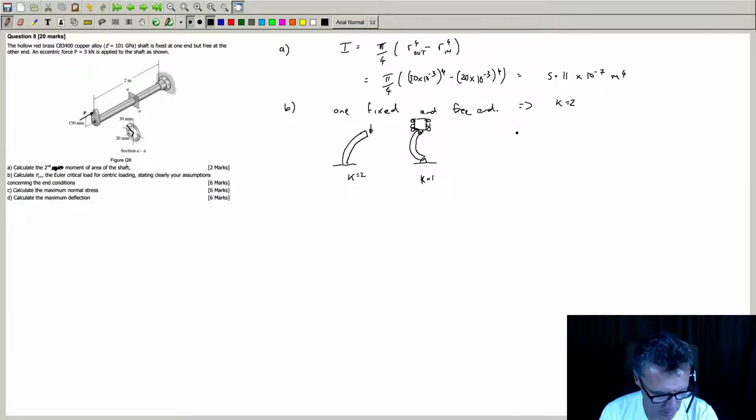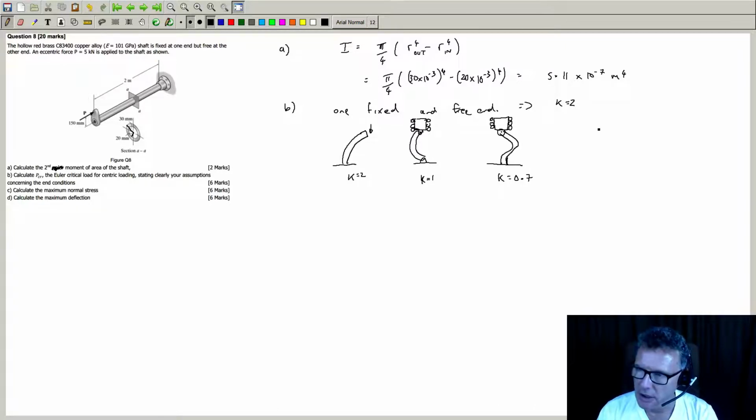Next one down, you've got one fixed end. You're trying to hold it there. Another roller section constricted, and it's going to have a pin joint here. Like that. And that would be K equals 0.7.